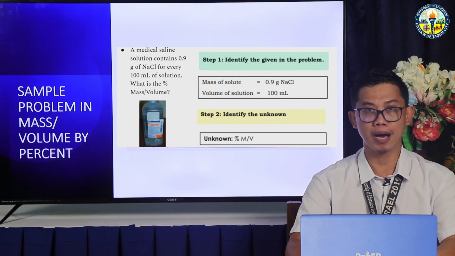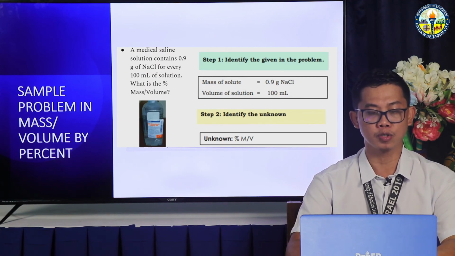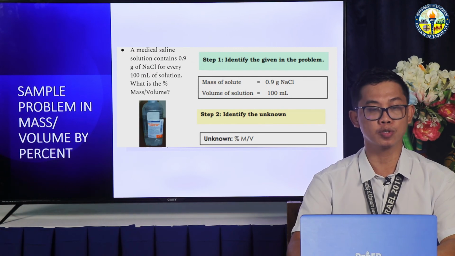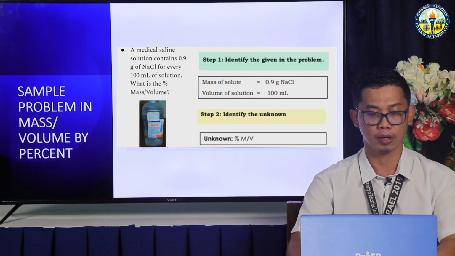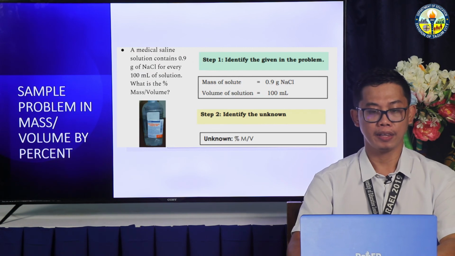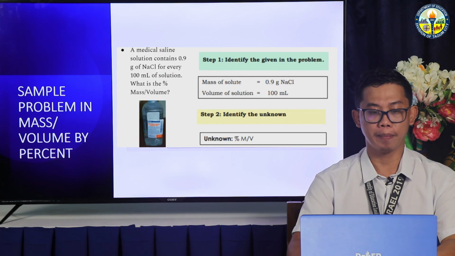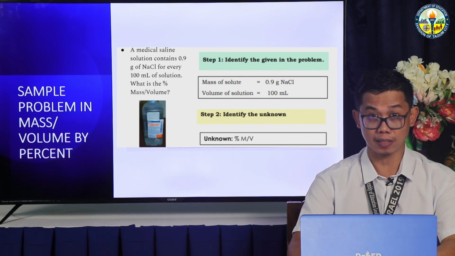That is, percent by mass per volume is equal to 0.9 grams of sodium chloride divided by 100 ml of solution, then multiply by 100%. And our answer is 0.9% sodium chloride solution. We need to bear in mind that in aqueous solutions, units per mass or volume are not concealed, but omitted.